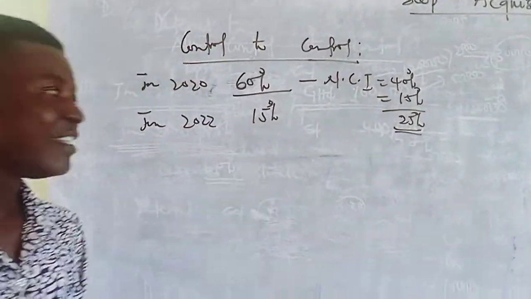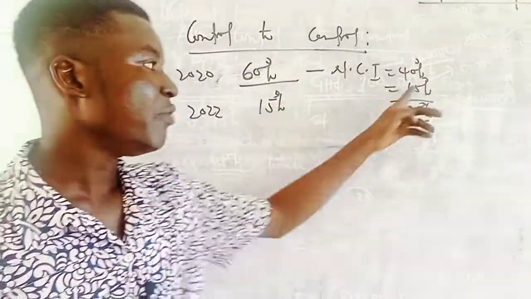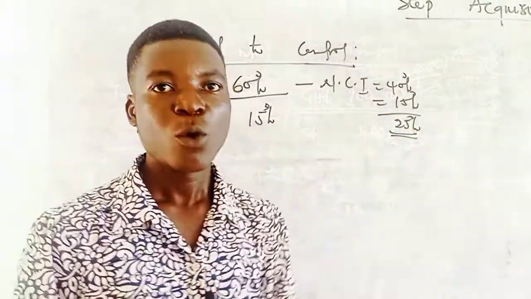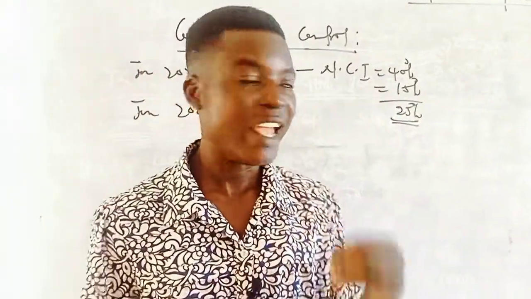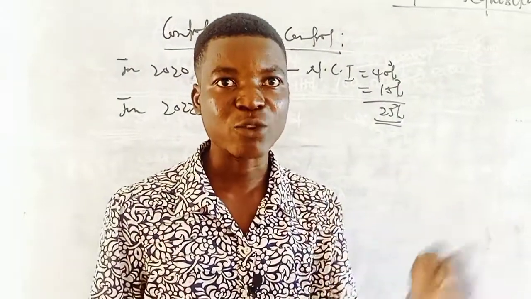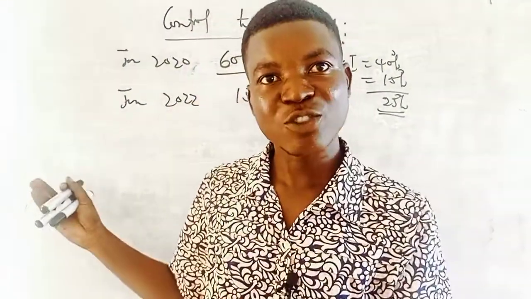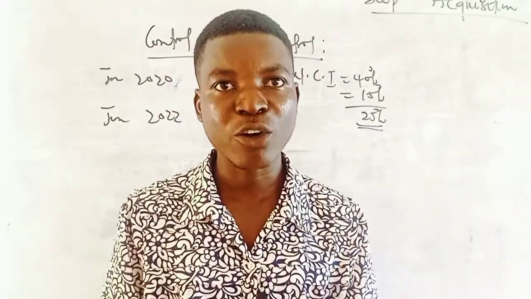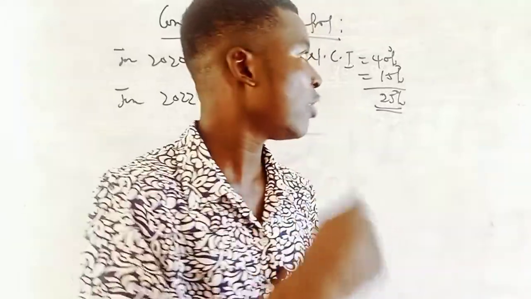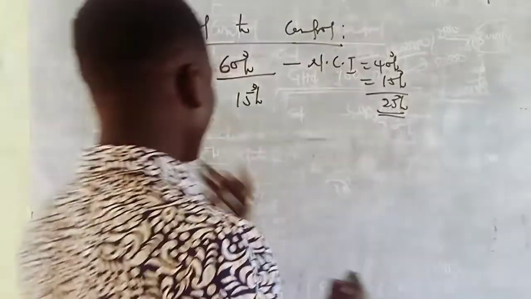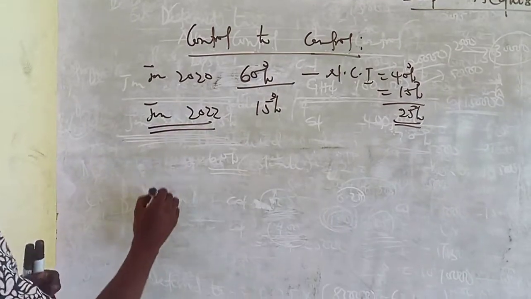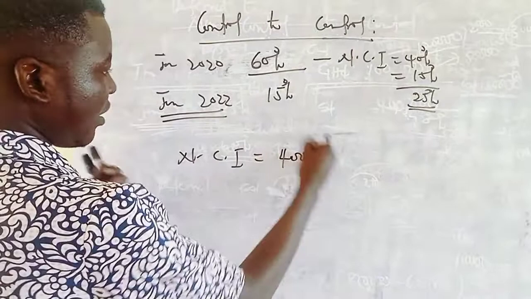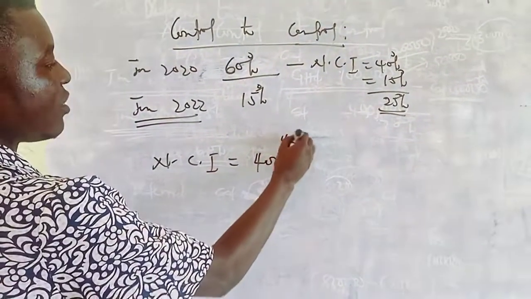So the meaning is that the NCI is selling 15% of its shares to the parent, and the parent will give them money. How do we account for this? At the date of the acquisition of the additional shares, we have to know the value of the NCI. If you know the value of the NCI, then that value represents what? 40%. So assuming at the date of the new acquisition, NCI is now 400 million, which is equivalent to 40%.